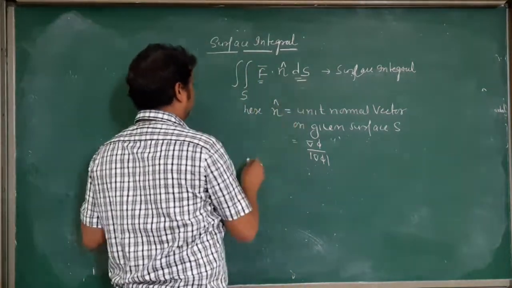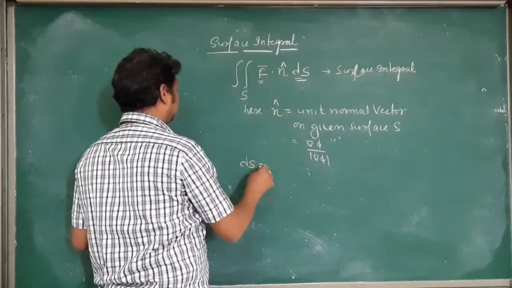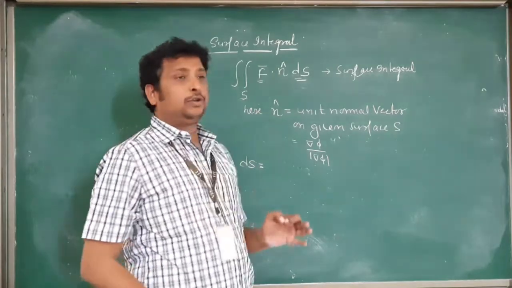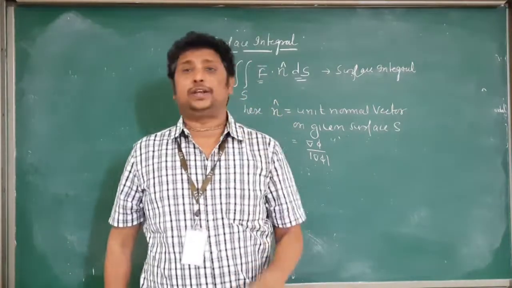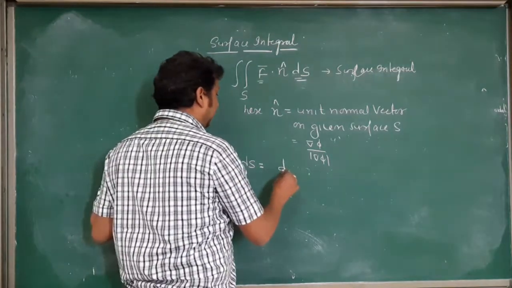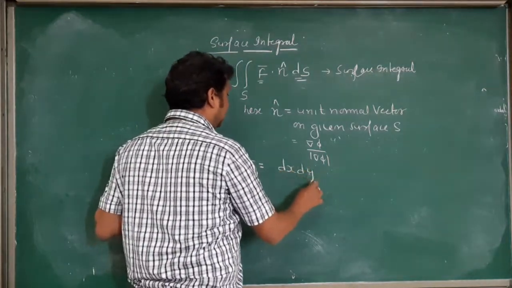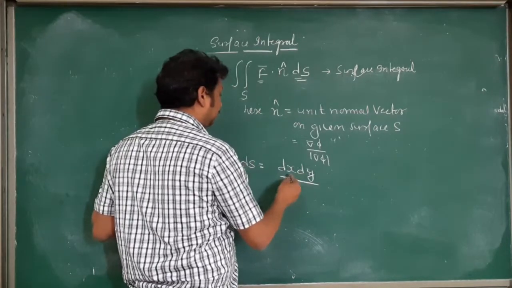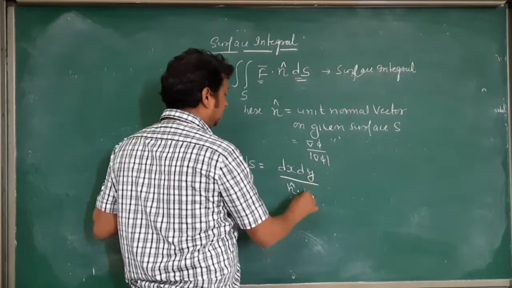Now come to dS. dS is important. dS has 3 values based on which plane you have taken the projection on. If you have taken the xy plane, then dx dy upon n cap dot, which is missing z, that is the k vector.